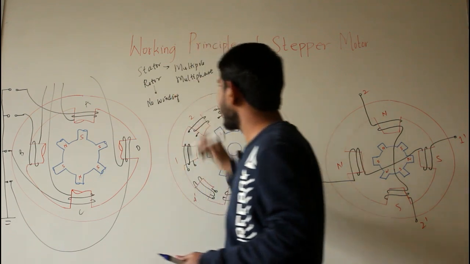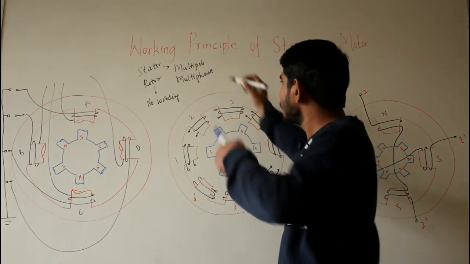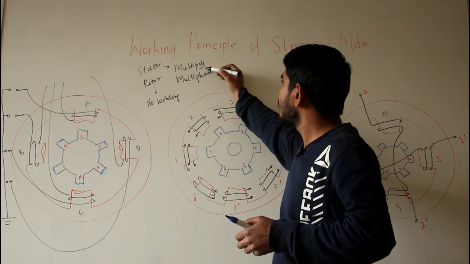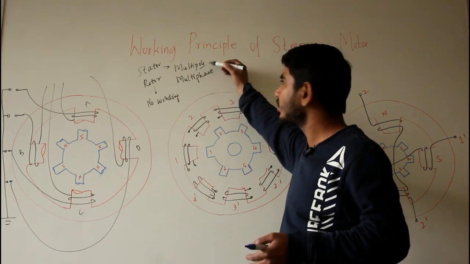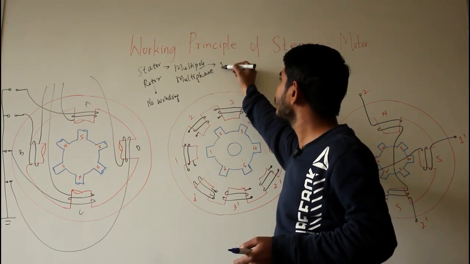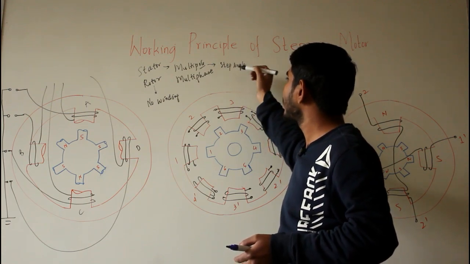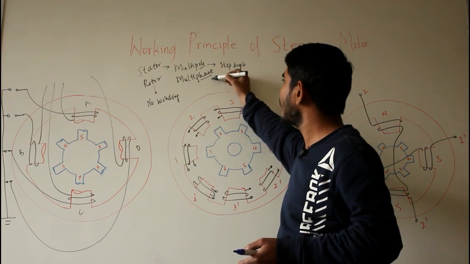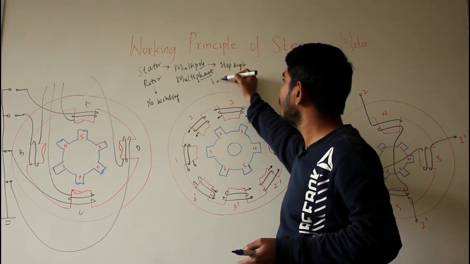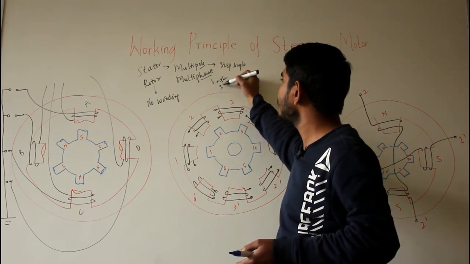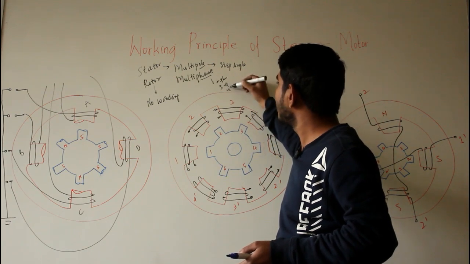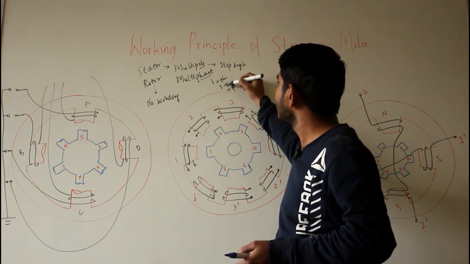The poles of the stepper motor will be dependent on the required step angle, and the motor can have two-phase windings or three-phase windings or four-phase windings.